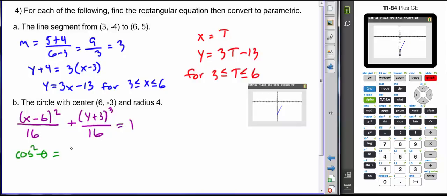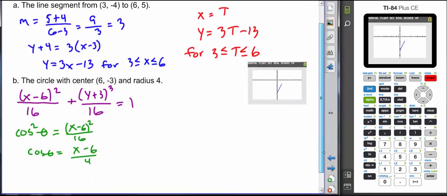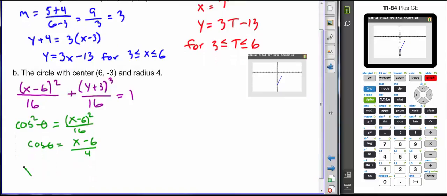I'm going to say cosine squared theta is (x minus 6) quantity squared over 16. And if you take the square root of both sides, we get cosine theta equals (x minus 6) over 4. And then if we multiply by 4 and add 6, we'd have x equals 4 cosine theta plus 6.